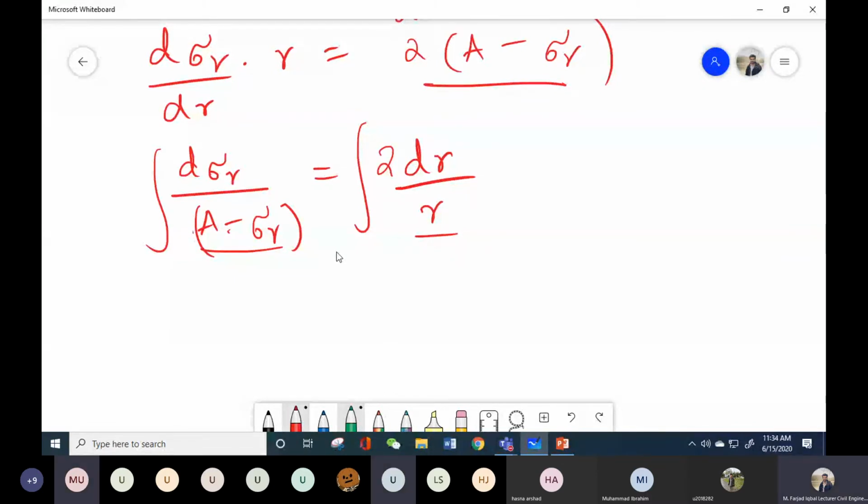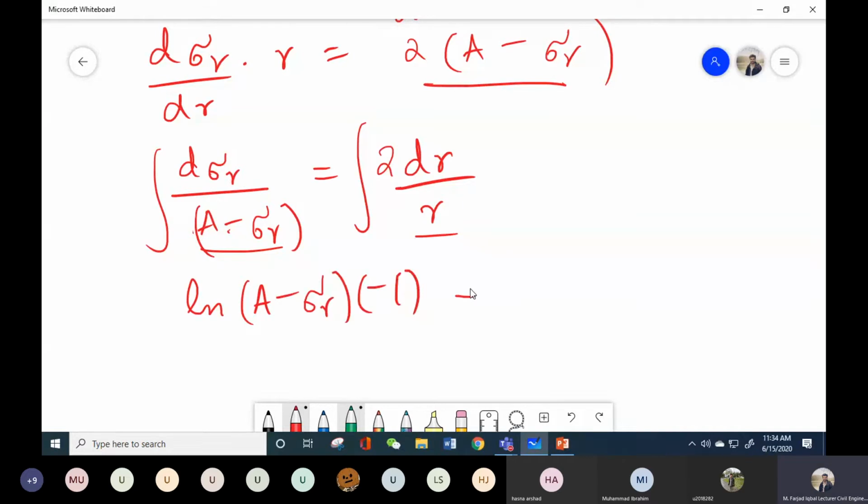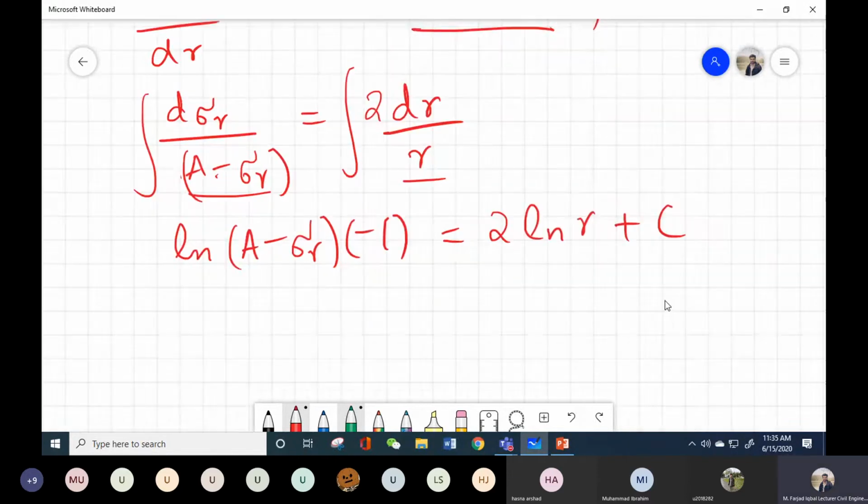In the form of log. Yeah. So the integration of the left side will be log natural a minus sigma r. So the integral or the derivative of this will be minus 1. And on the right side, we will have 2 into log natural r plus a constant, which is c, right?